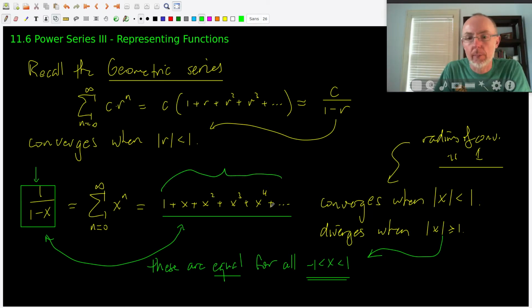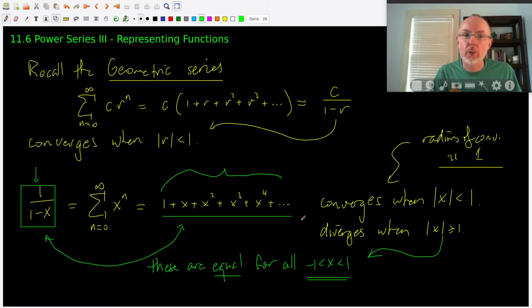This series is not. So the idea here is we have a power series representation of the function, but only on some of the domain of the function. So these two things are equal, but only when x is between minus 1 and 1. When x is greater than or equal to 1, or less than or equal to minus 1, this function does not produce the value that the series would produce, because that series does not converge.